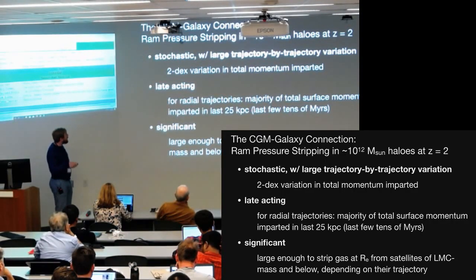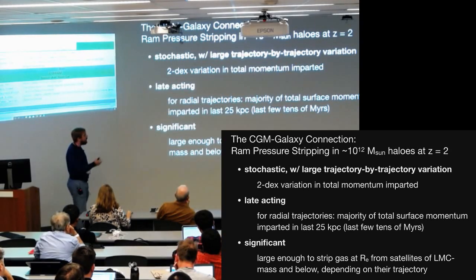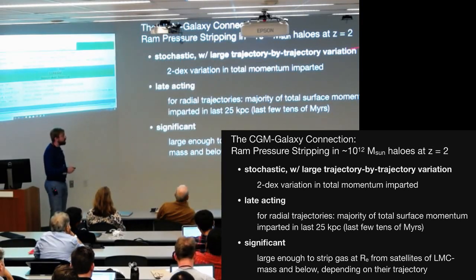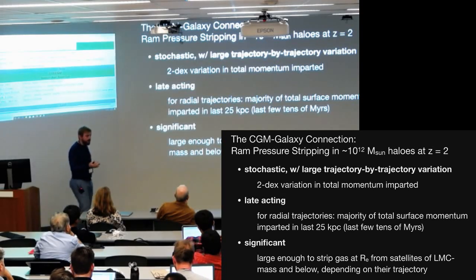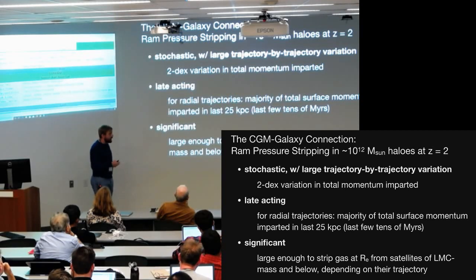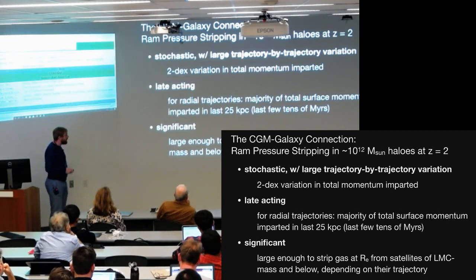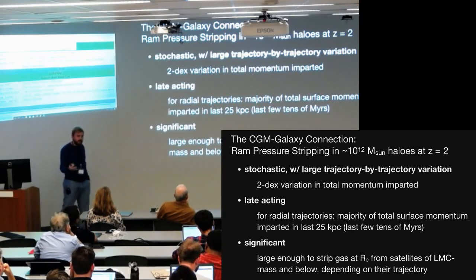So the takeaways: ram pressure stripping in 10^12 solar mass halos at redshift 2 can be stochastic, with very large trajectory by trajectory variation. It's late acting, right? Most of the surface momentum that's imparted is done so in only the last few tens of millions of years of free-fall trajectory, which is not a realistic orbit, by the way.